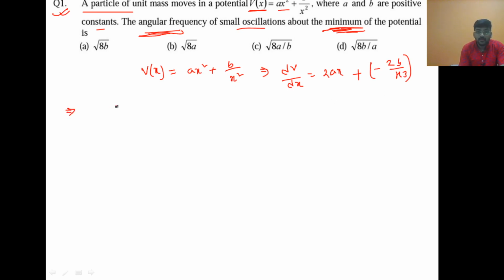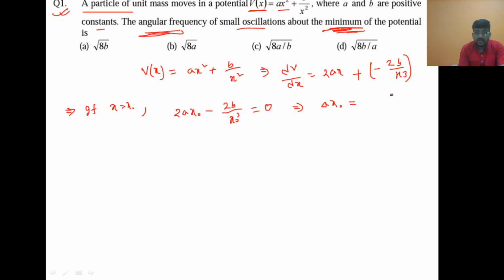If x = x0 is the minimum point, then 2a x0 - 2b/x0^3 must be equal to 0, which implies that the 2 will be cancelled out.